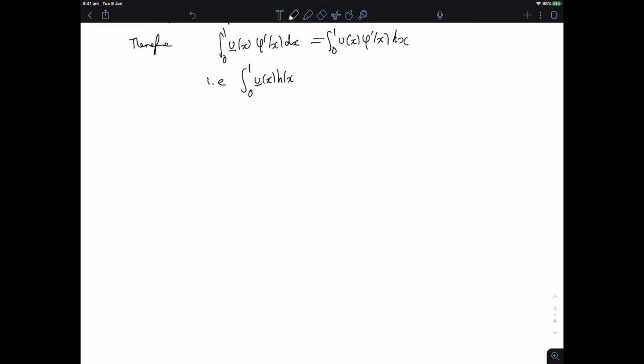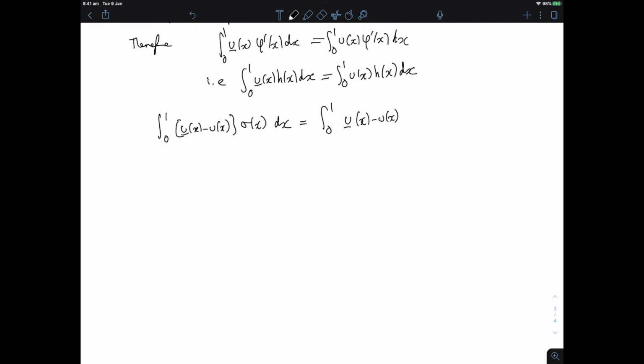So we have that times h equal this. Okay, so let's remember what h was. So we have the integral from 0 to 1 of u bar x minus u of x times v of x dx has to be equal to the integral from 0 to 1 of u bar x minus u of x times psi of x times the integral from 0 to 1 of v of y dy, and that's dx.